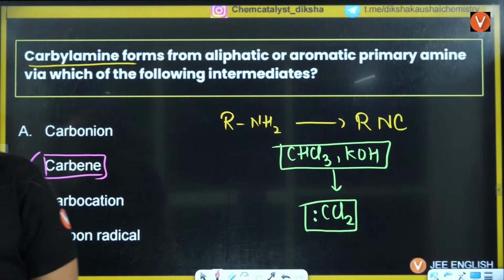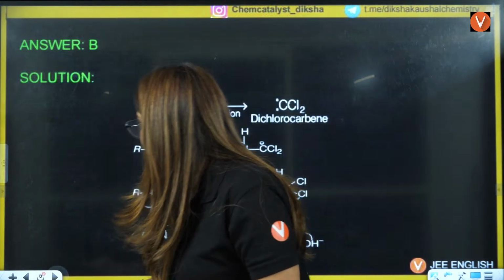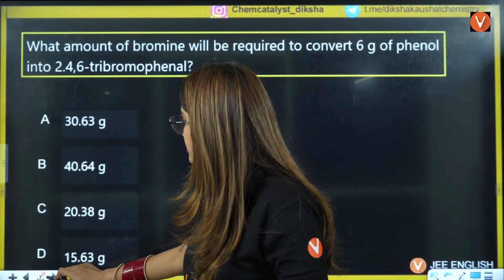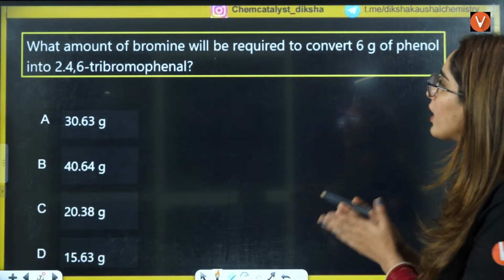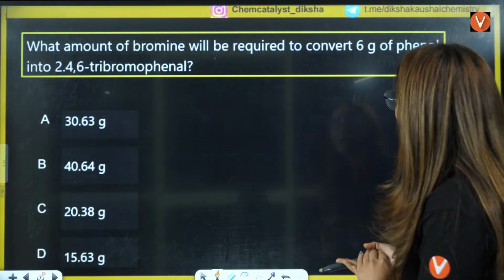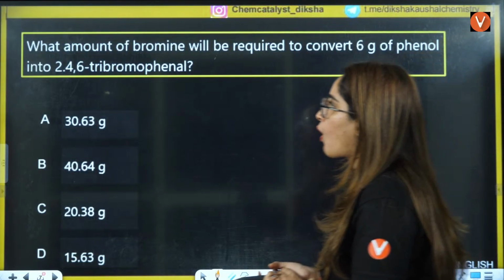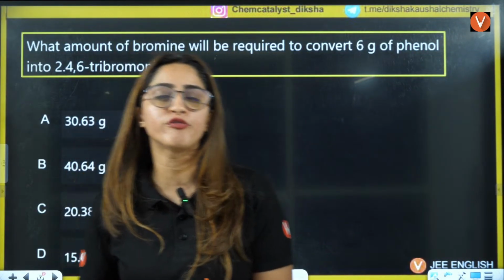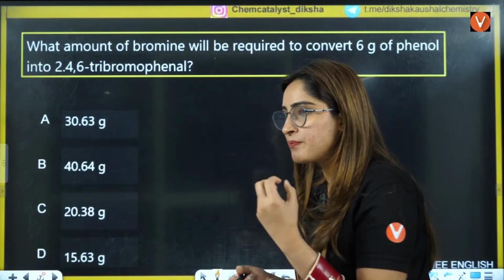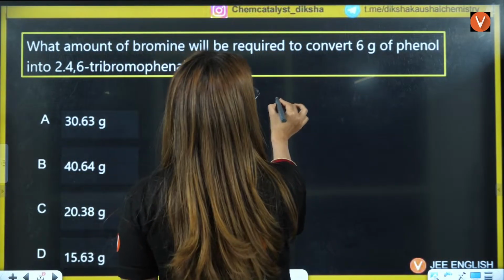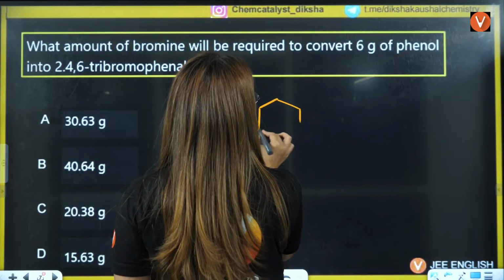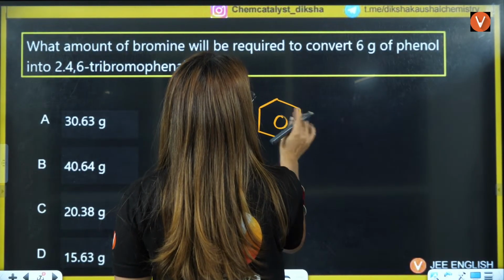Next is, what amount of bromine will be required to convert 6 gram of phenol into 2,4,6 tribromophenol? It's a mixture of organic and mole concept here. If you see, this is phenol.